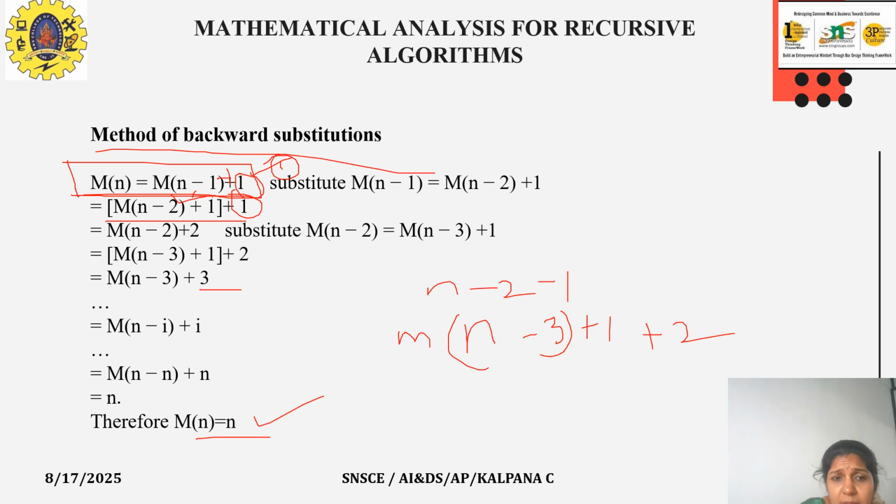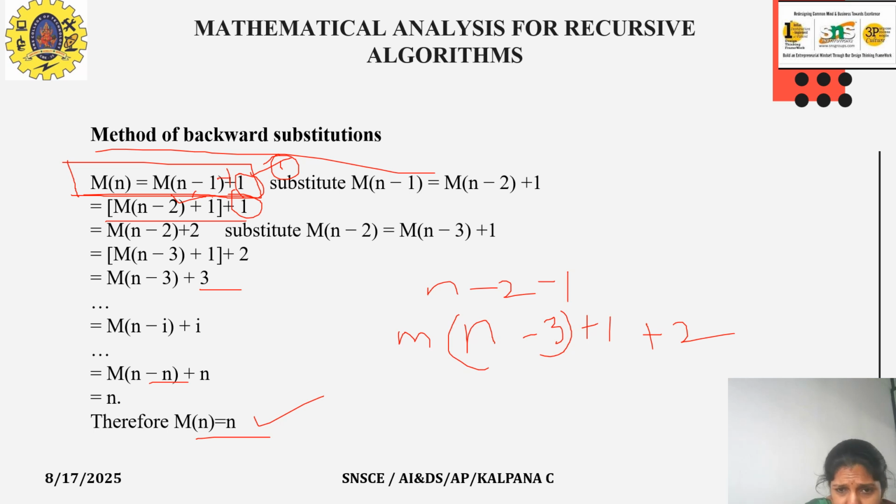Here, for M of n, I am starting from n minus 1, 2, 3, until n equals 0. Till where do I have to stop? When I reach M of 0, there I can stop my execution.